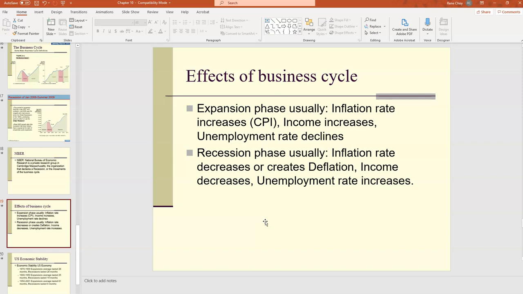So during the expansion, you're going to notice that CPI is going to increase. You're going to see an increase in income per person, and you're going to see unemployment rates decrease. During the recession phase, you're going to see an inflation rate decrease or maybe deflation. Income tends to decrease, and the unemployment rate tends to increase.